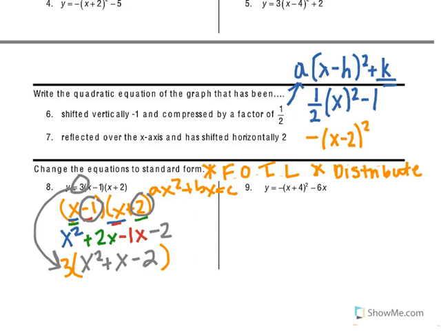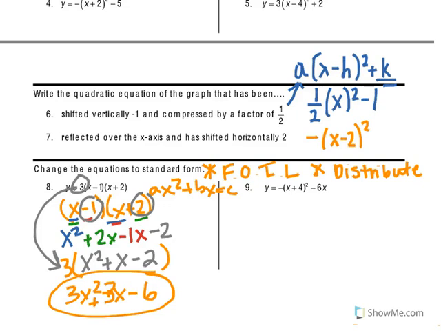So we have 3x squared plus 3x minus 6. So you should have gotten 3x squared plus 3x minus 6.